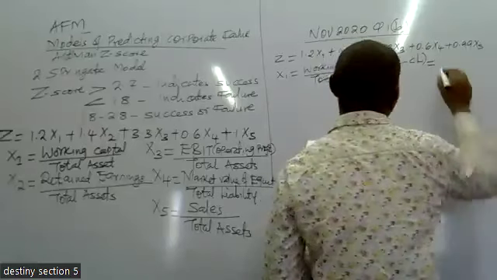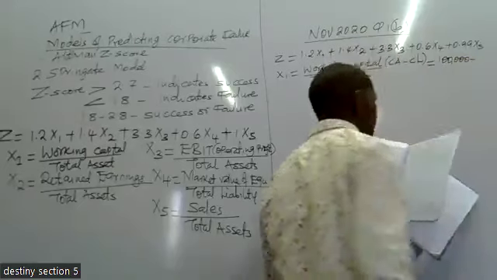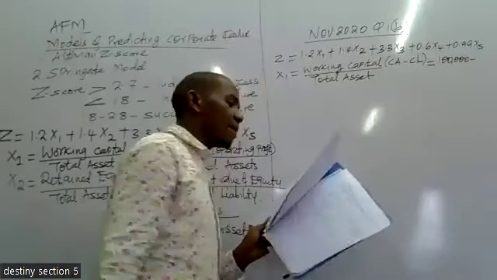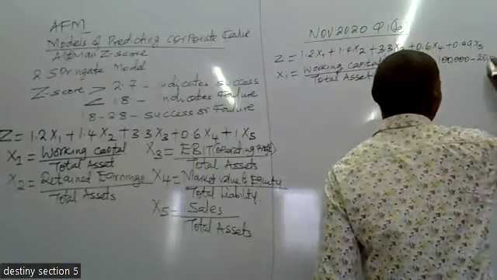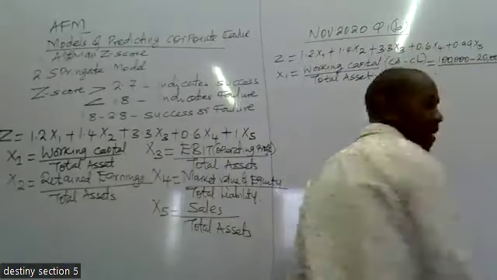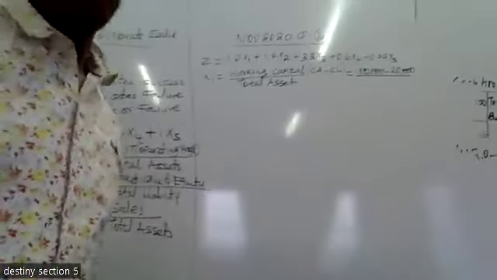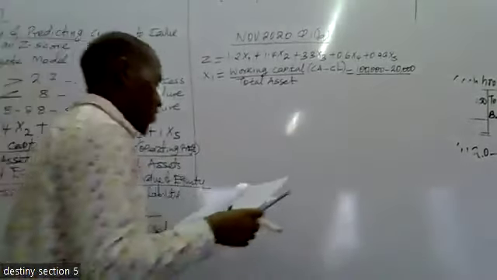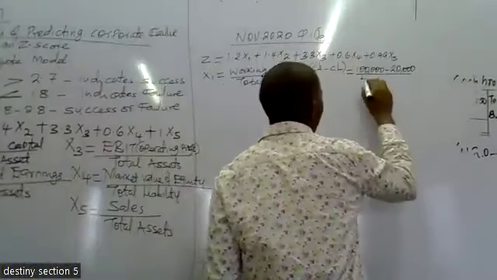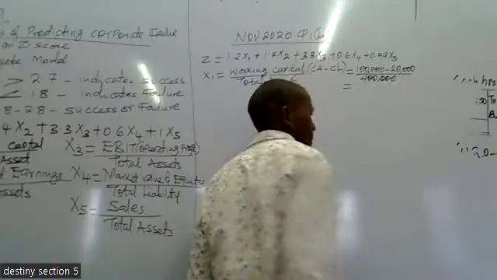Current assets, you have 100,000. You have also for the total current liability, 20,000. Then we divide by the total assets, which is 400,000.